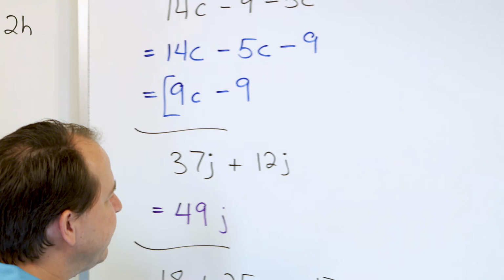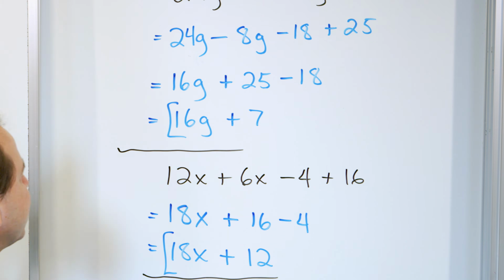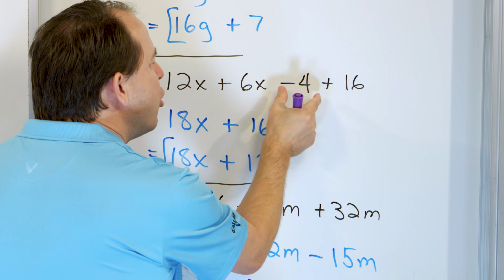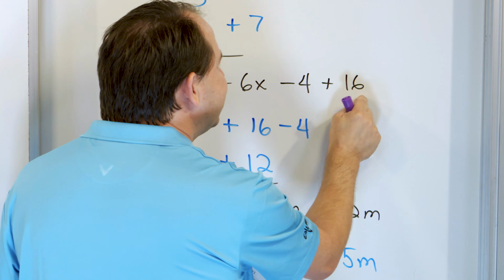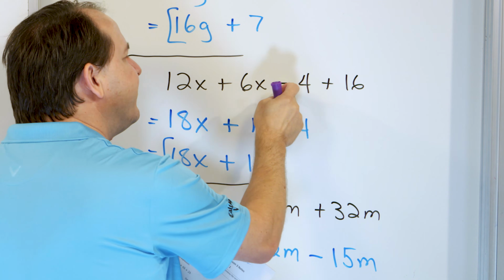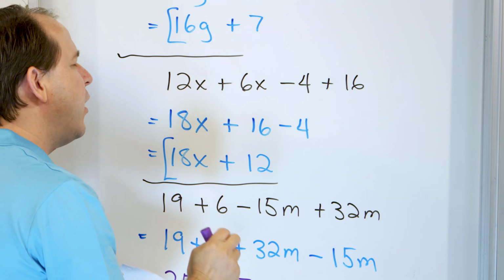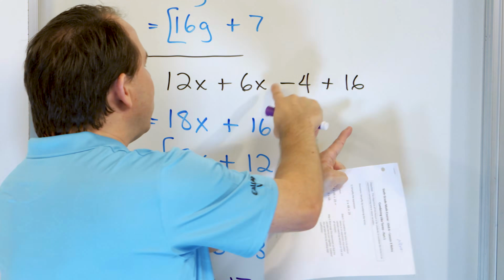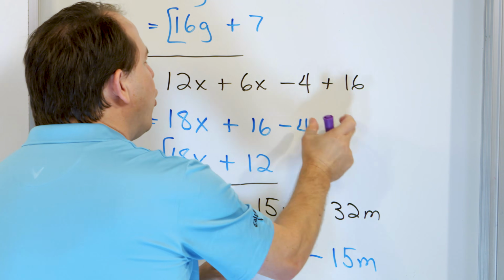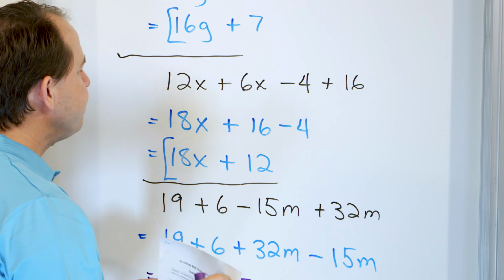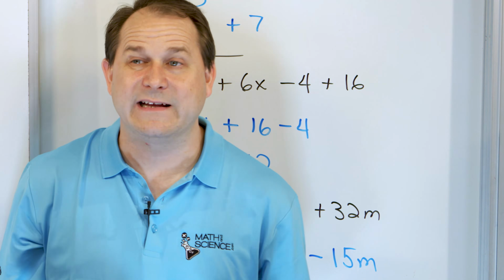And then I get into situations at the end where if you don't move the terms around, you don't know how to take minus 4 plus 16, because this is really like a negative 4 plus 16. I really haven't taught you how to do that yet, but by rearranging them, you can put them in an order that you can then do, right? And so I've tried to choose these carefully to get that across to you.